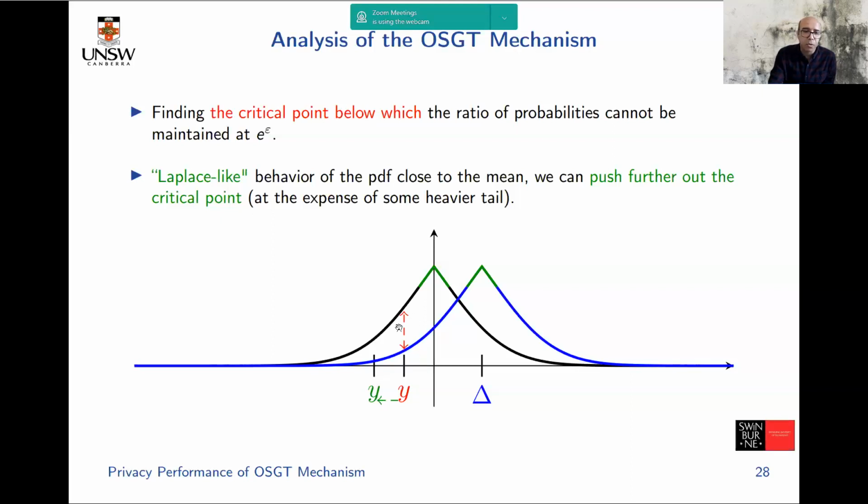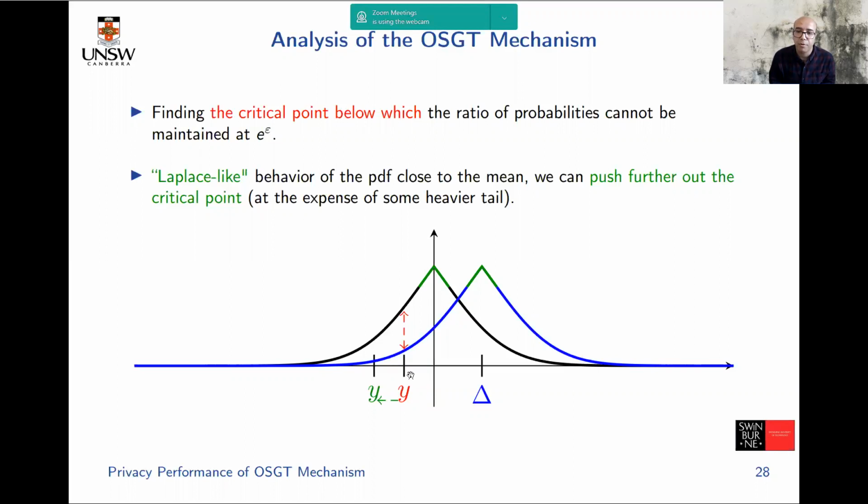So here the question is: can we push the critical point further from this y to, say, the green y? For OSGT, this is possible. In fact, this Laplace-like behavior of the PDF close to the mean, as you see here, can push the critical point further out to the left, which consequently gives us a smaller delta than the Gaussian distribution.